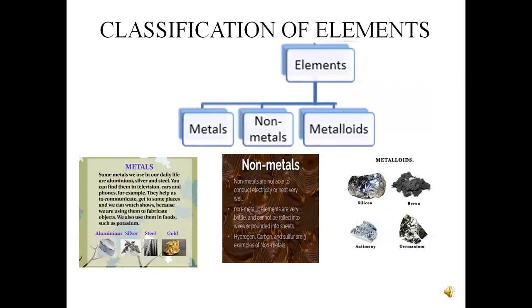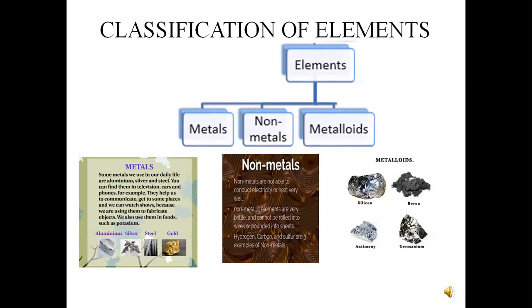Next, classification of elements. Elements are also classified into three types: metals, non-metals and metalloids. First one, metals. We have tools, utensils and jewelry made from silver, copper, iron, gold, aluminium, etc. Using pressure like hammering or rolling, we can deform these materials into various shapes.